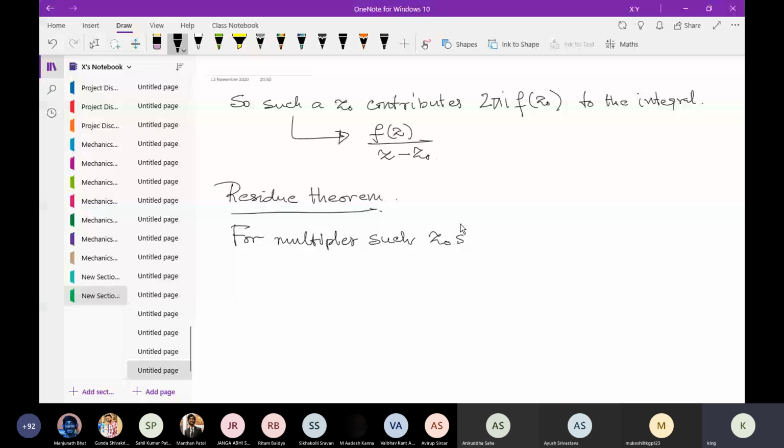We have this integral of f(z) dz. This f(z) is not the same as this. This is where we have separated out the pole.